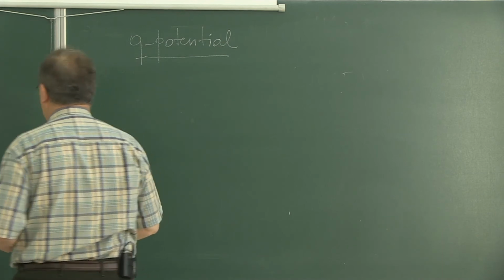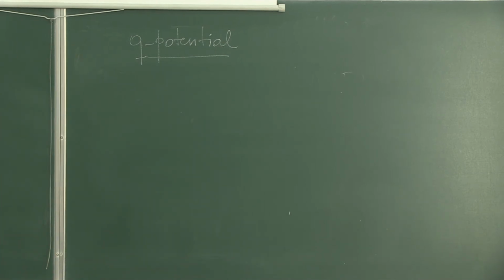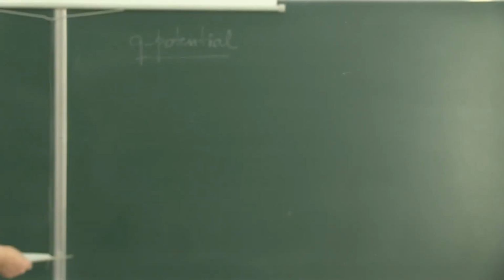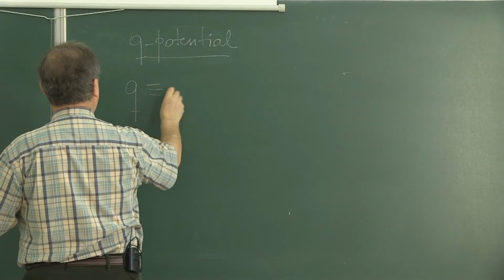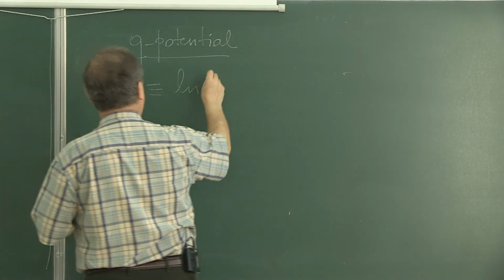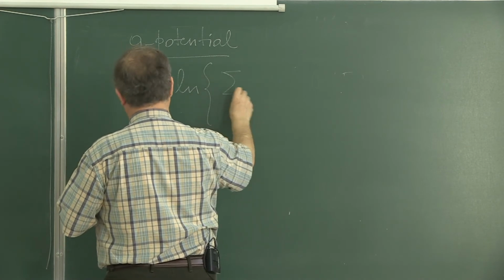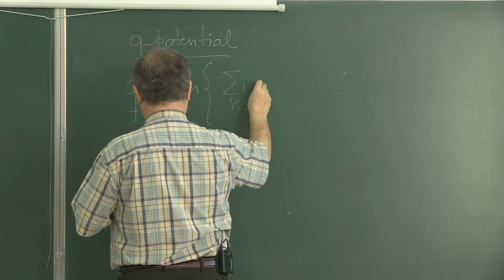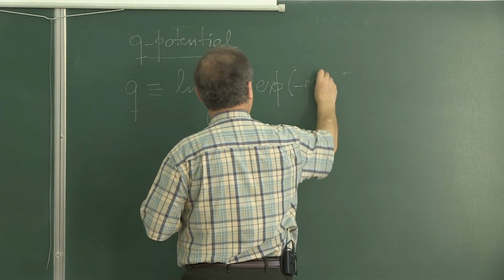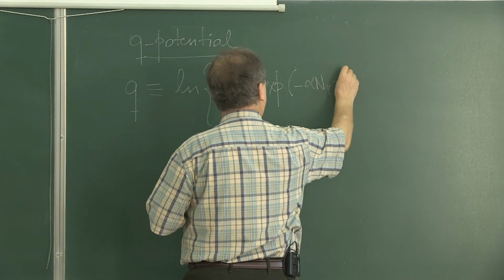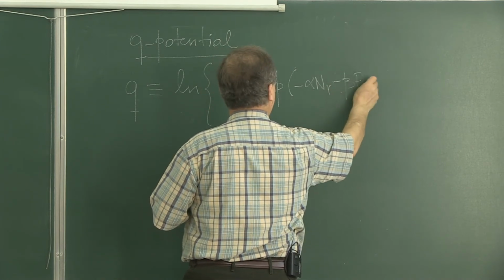Well, remember in the averages, what did we have? Derivatives of what? The logarithm of the partition function, isn't it? So that's the Q potential, defined as ln of the partition function. We were taking derivatives of this function to get the averages.